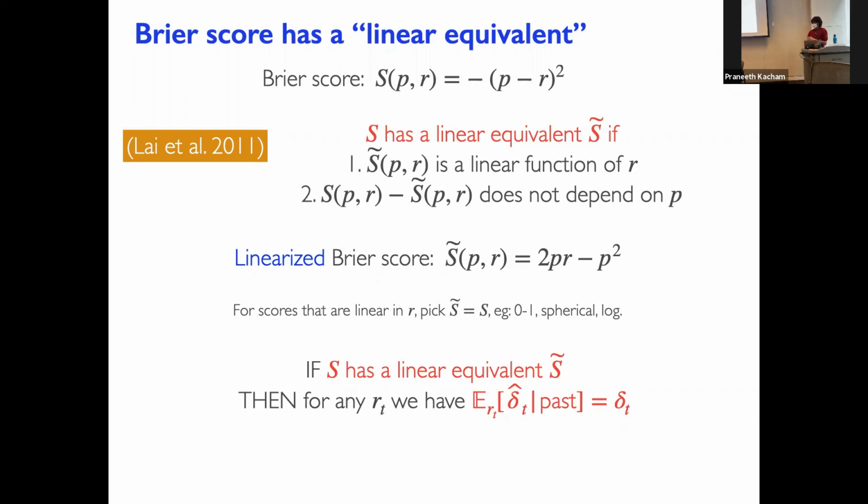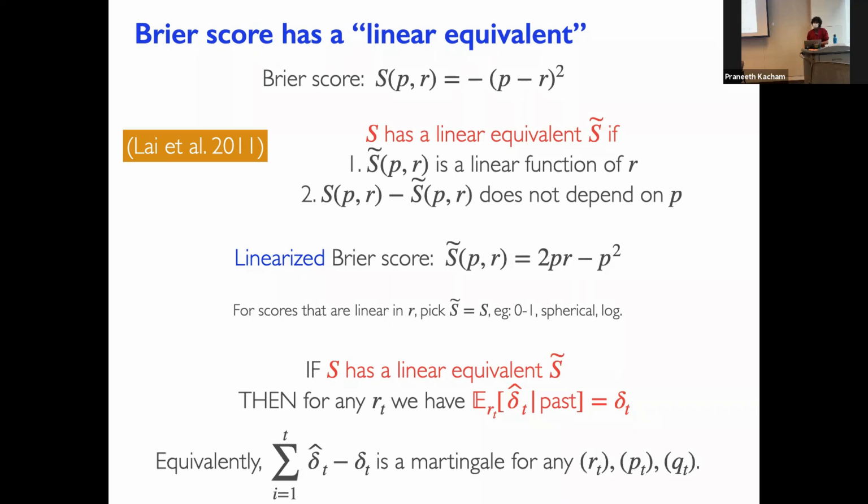Remember, delta hat t was the difference in scores, which is S of P_t Y_t minus S of Q_t Y_t. Delta t is the thing we don't know. It's S of P_t R_t minus S of Q_t R_t. I don't know what that is because I don't know what reality is doing. I have no idea. I made it up. But no matter what reality is doing, even if I hypothesize a reality, delta hat t is an unbiased estimator of delta t. And that's basically because of both of those two properties.